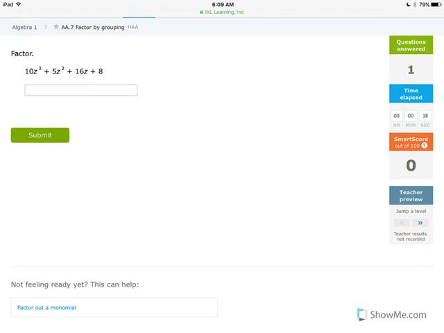So if we look at the first group, what's common between those first 2 terms? They have a 5 in common. And they also have a z squared in common. So if I factor a 5 and a z squared off of those first 2 terms, what's left behind on the first term?